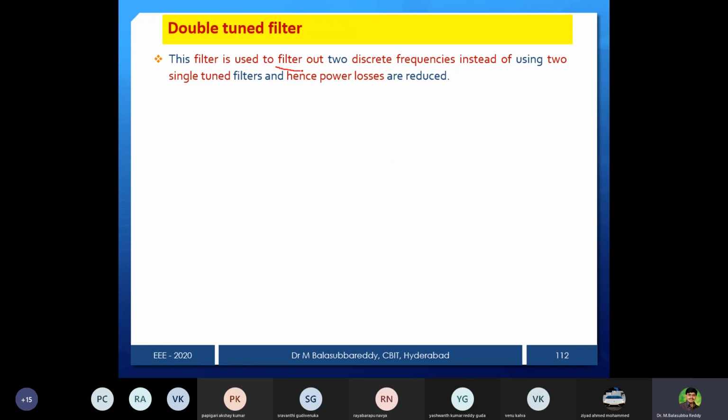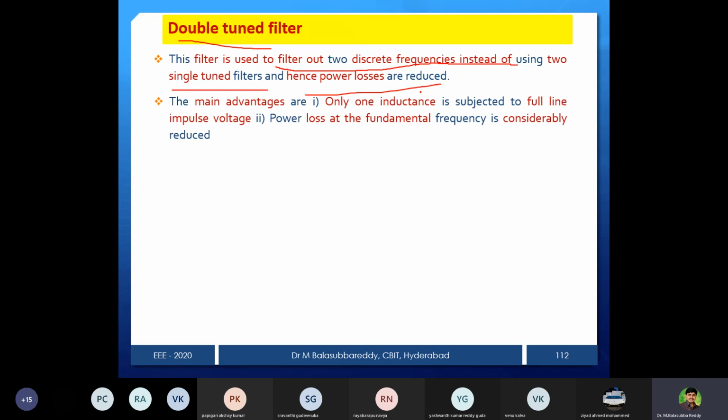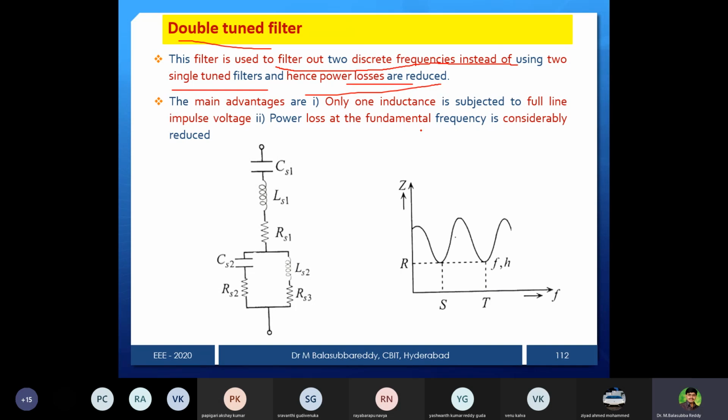You can see that it filters out two discrete frequencies, so instead of using two single tune filters, you can use directly a double tune filter, and its power loss is going to be reduced, because instead of using two, you use only one. Another advantage: only one inductance is subjected to full line impedance voltage, and power loss at the fundamental frequency is considerably reduced.